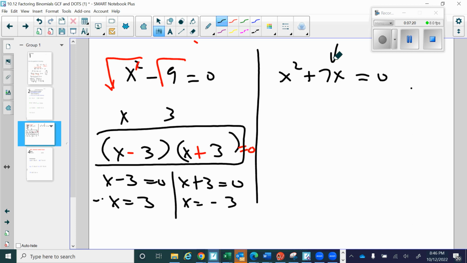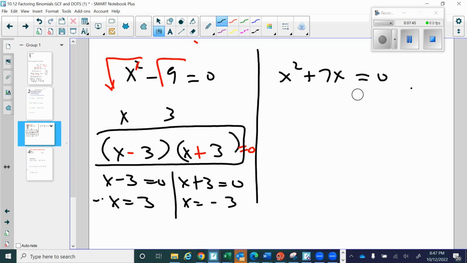We have an x here and an x squared, so x is the highest common factor. So I'm going to have one factor, which is x, and I need to find the other factor. Now, how do I find the other factor that goes in here?